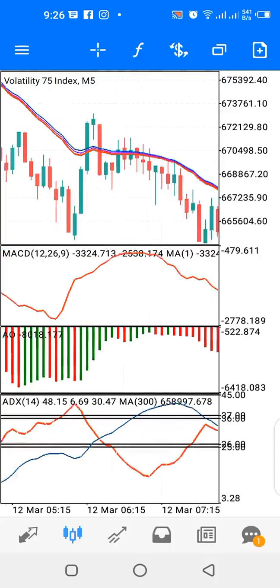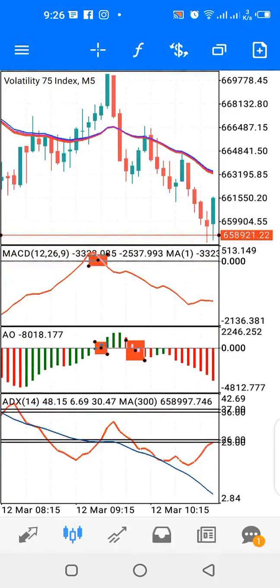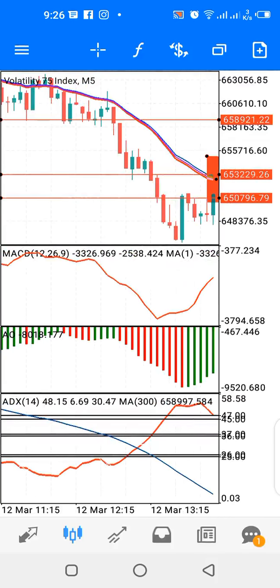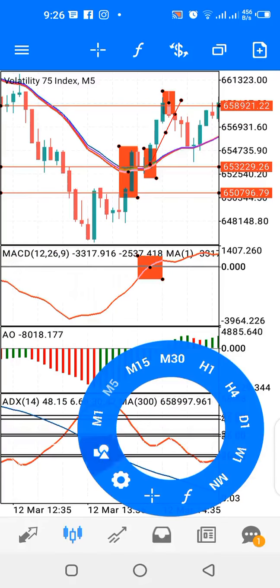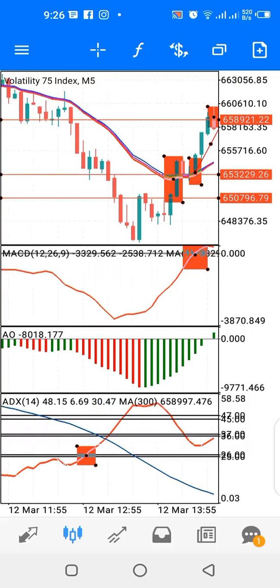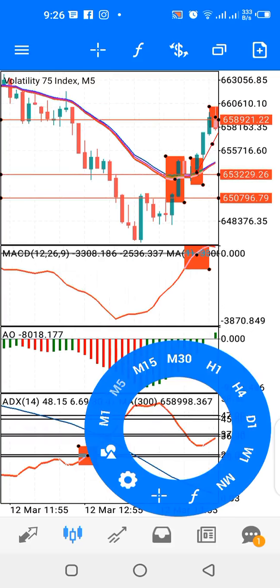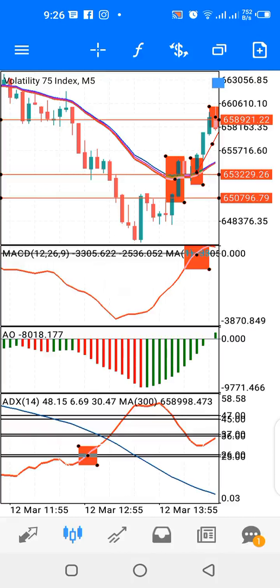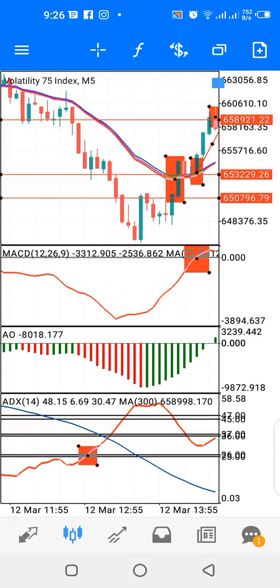Okay, for indicator window 3, when the red line crosses above the 26 level, buy, and also cross, like you have above the 37 level, buy.